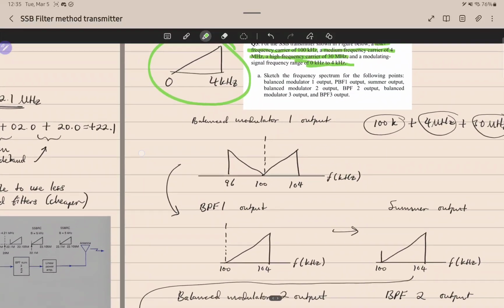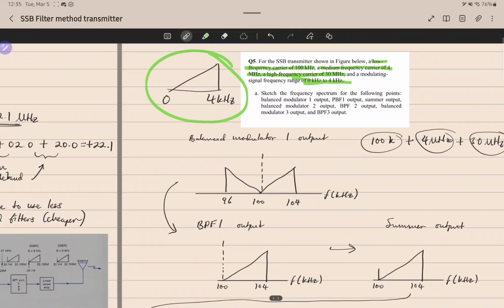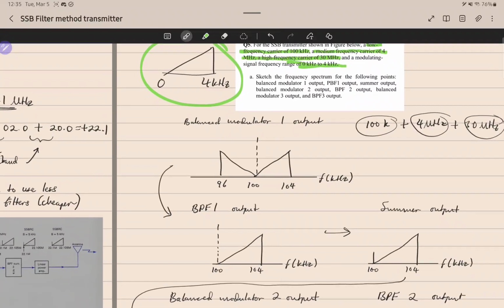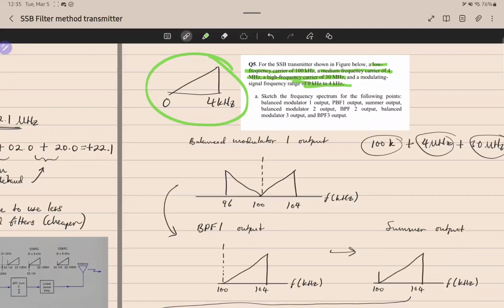What does that mean? This dotted line means that your carrier frequency component is gone. It was there, but it's gone now. That's what the dotted line means: there is no carrier frequency component.